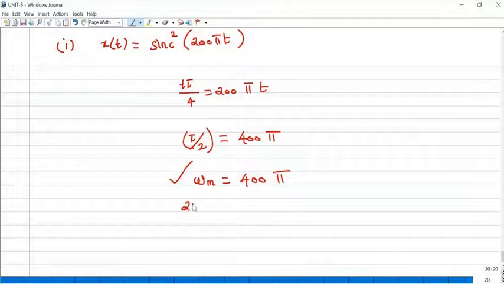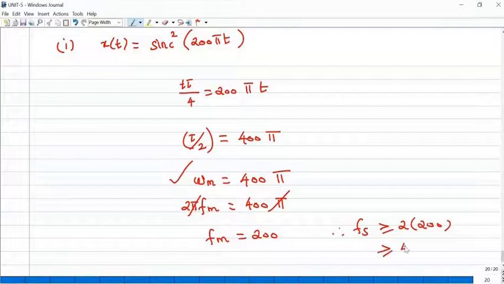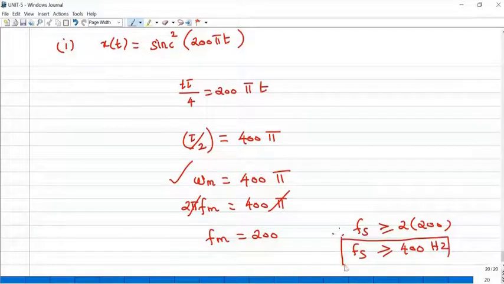So 2 pi fm equals 400 pi, pi will be cancelled, fm equal to 200. Therefore, Fs should be greater than or equal to 2 times 200, that is 400 hertz. So for the first problem, the sampling frequency must be greater than or equal to 400 hertz.